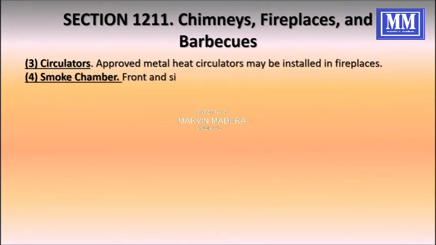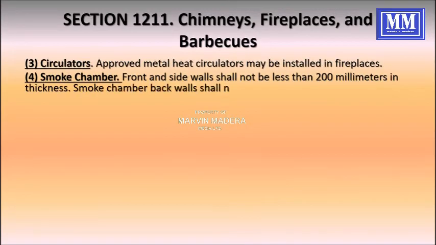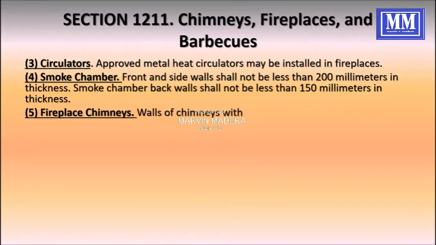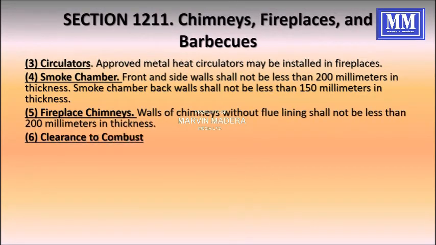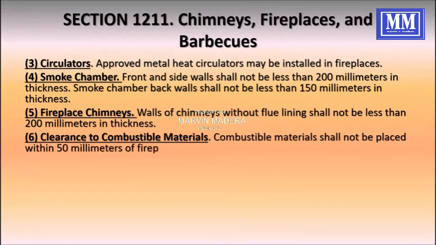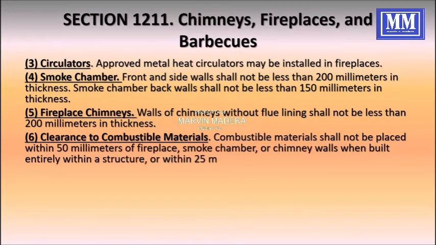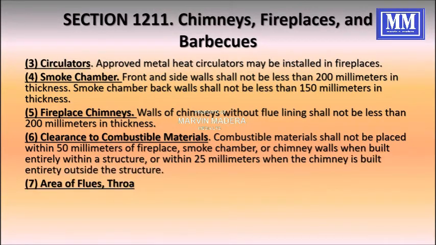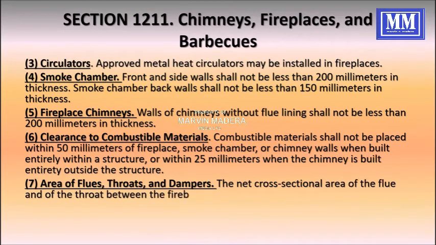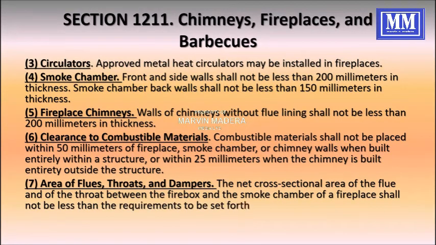Circulators. Approved metal heat circulators may be installed in fireplace. Smoke chamber. Front and side walls shall not be less than 200 millimeters in thickness. Smoke chamber back walls shall not be less than 250 millimeters in thickness. Fireplace chimneys.